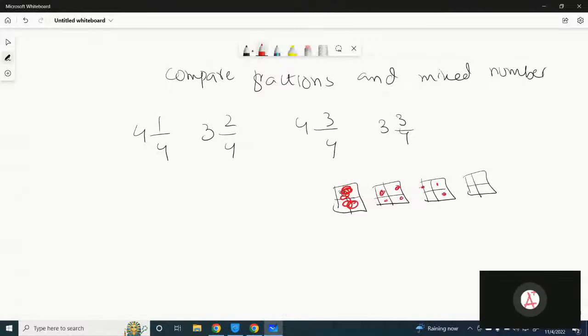Okay, you have to compare the fractions with the one you are given. Got it? So let's start with comparing the fractions.